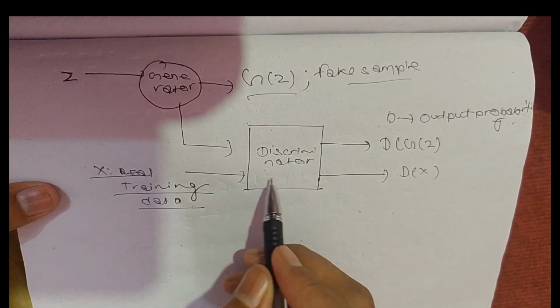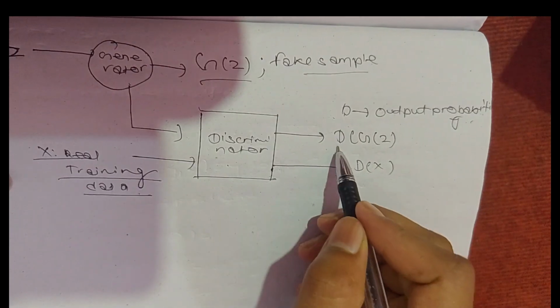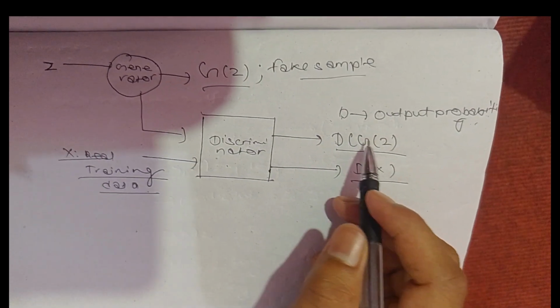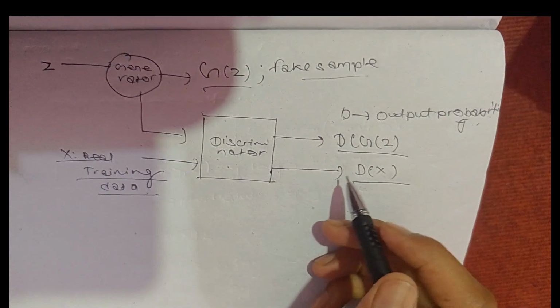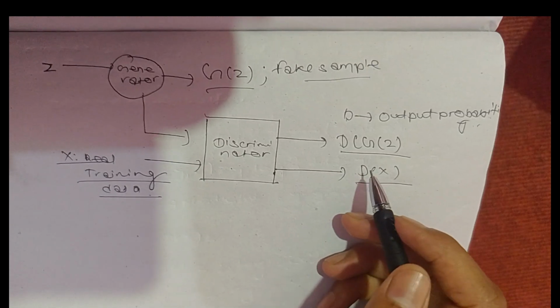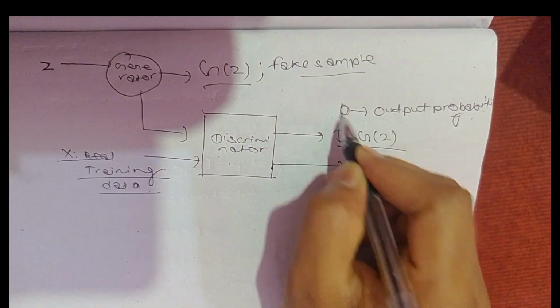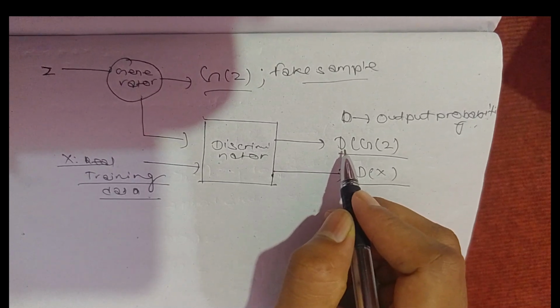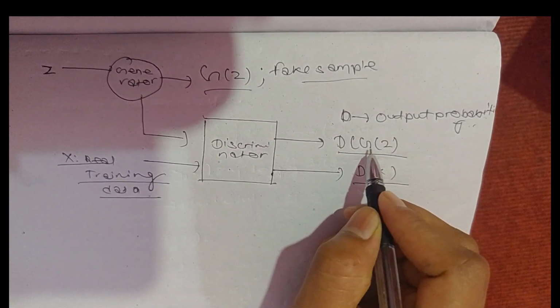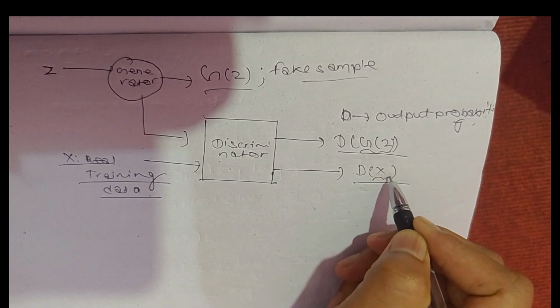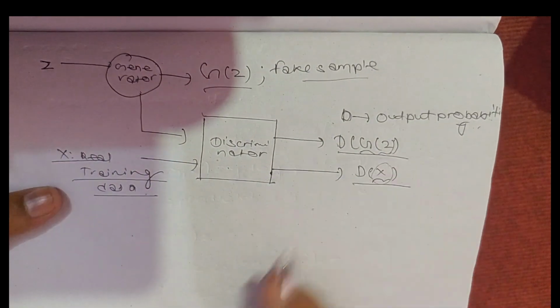We pass both to the discriminator, and the discriminator gives the probabilities of whether the input is real or fake. D is the discriminator probability output for the given input, G of z and this x.